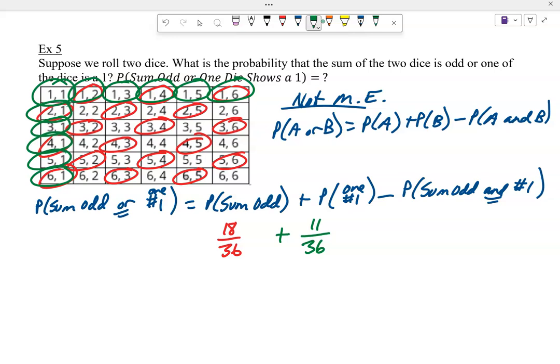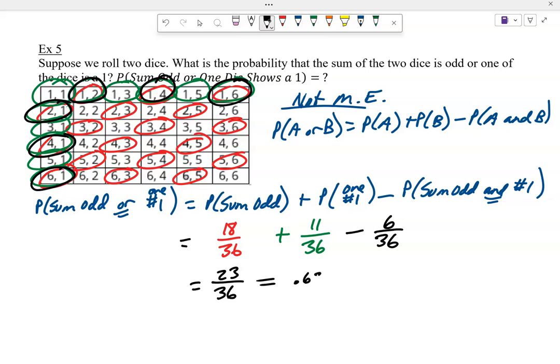In other words, how many crossovers did we have? How many both of those? Let's see, 1, 2, 3, 4, 5, 6. Yep, 6 out of 36. So I've double counted 6 out of 36. So I got 29 minus 6, 23 out of 36, or 0.638.